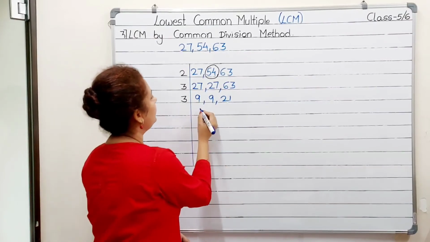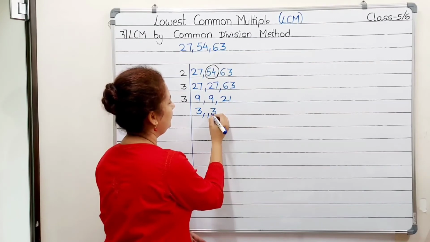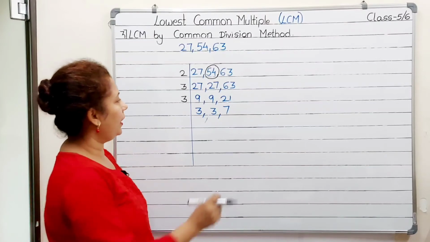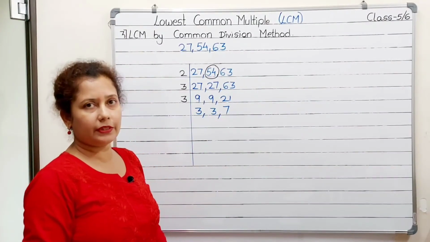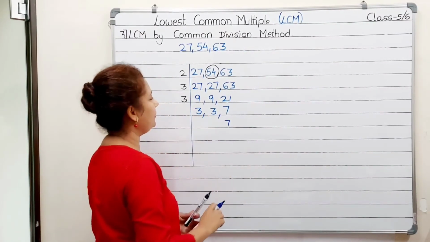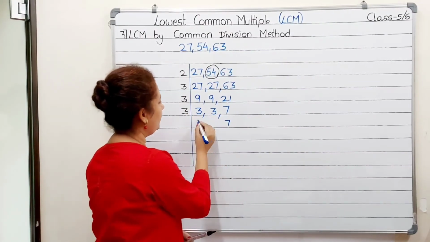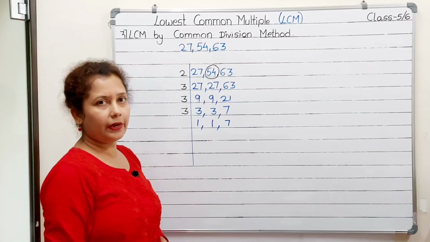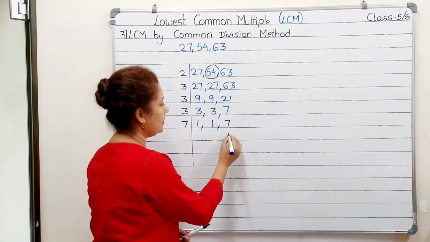Here, when we divide 9 by 3, we get 3 as the quotient, and 7. Now here 3 is divisible by 3 but 7 is not divisible by 3. So we will write 7 as it is and we will divide 3 by 3. When we divide 3 by 3, we get 1 as the quotient. Now 7 is left. 7 is also a prime number. So we can divide it by 7 and we will get 1 as the quotient.